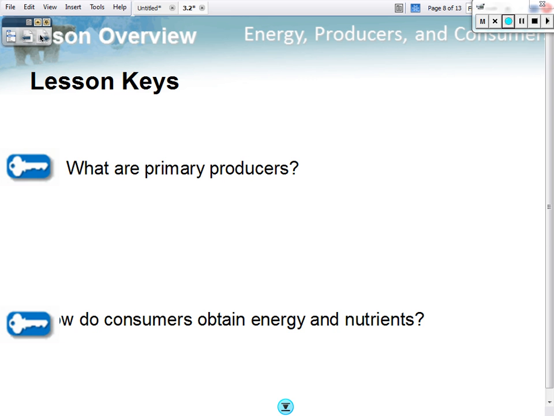If not, do it. Primary producers, what I know they are, I saw some key words of autotrophs, and I also know that they are plants, and then some bacteria, and if I look back at my notes, I even saw the word cyanobacteria.